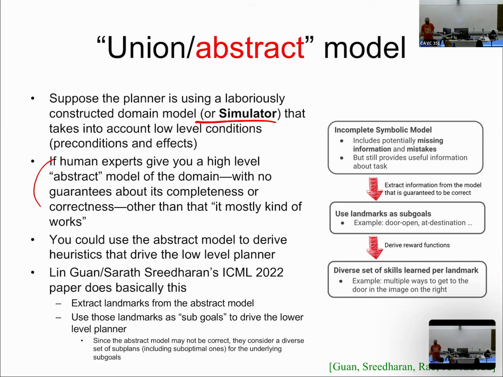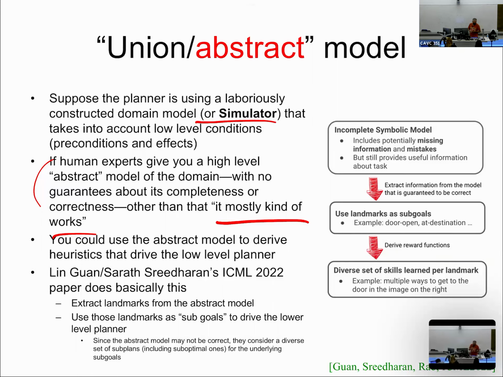You know that, right? Because if you ignore negative interactions, the plans that work in the relaxed domain don't work in the real world, in the full model. So they're not sound in the full model. The human experts give you a high-level abstract model with no guarantees about its completeness or correctness, other than that it mostly kind of works.